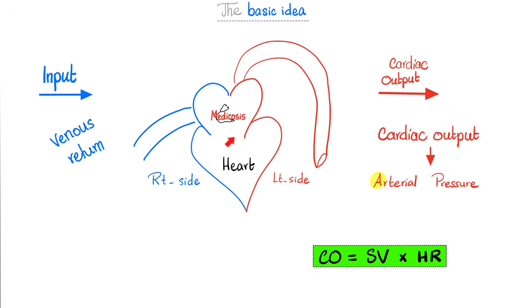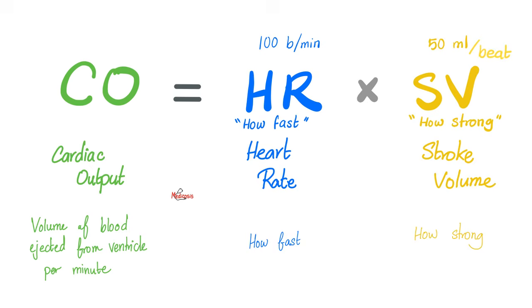Let's forget the distinction between the right heart and the left heart for a second, and let's just imagine it's one chamber. There is input coming to that chamber, and there is output leaving the chamber. The output leaving the chamber is going to arteries, and therefore is going to be responsible for arterial blood pressure. How do I measure the output of that factory?